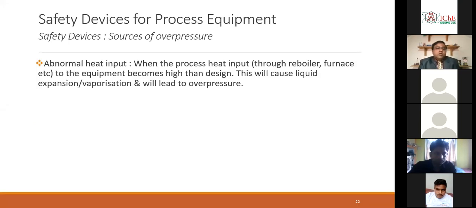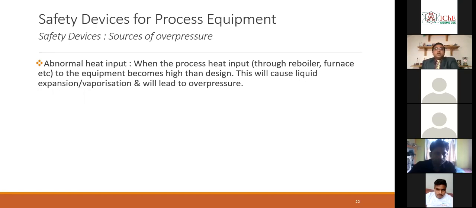Then there is abnormal heat input. This one is, say, in a distillation column, you have a reboiler at the bottom. So you heat the content, sending it up so that it vaporizes, does a heat and mass transfer, and you condense it. So sometimes it happens that instead of a certain amount, a high amount of heat goes into the reboiler.